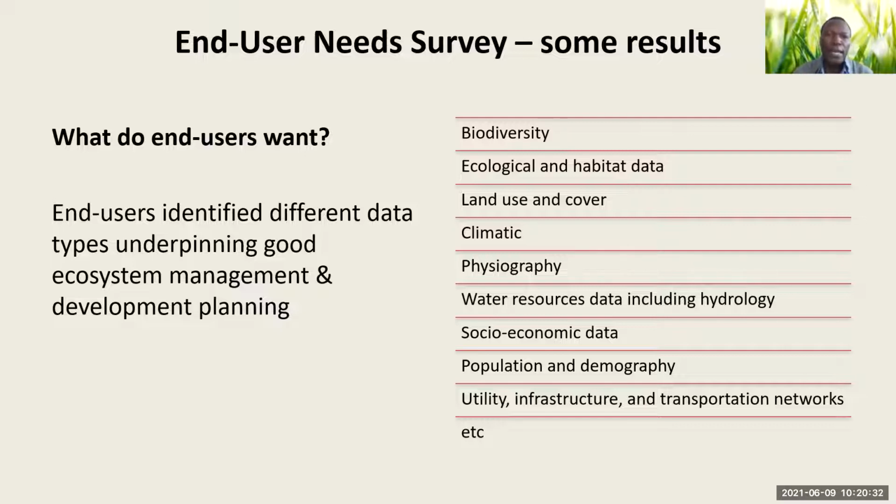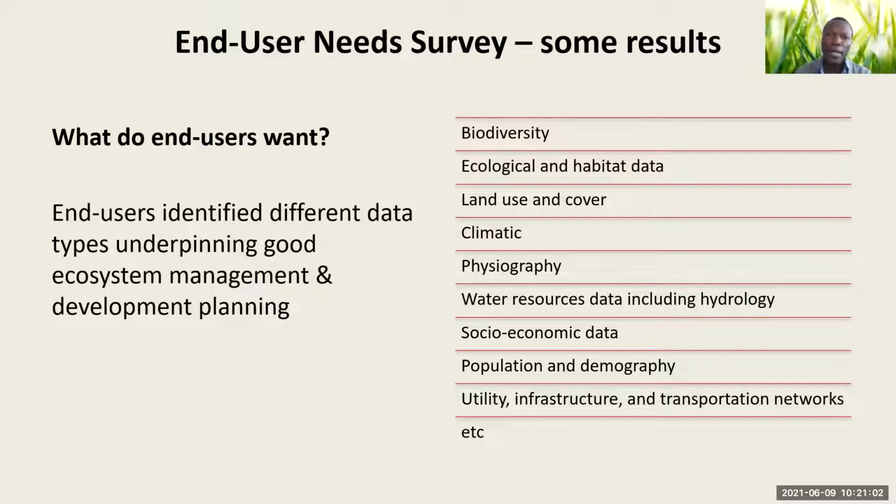They identified different types of data that would underpin good ecosystem management and development planning. They would really love to have biodiversity data, ecological and habitat data, land use and cover data, climate data, physiography data, water resources data, including hydrology, socioeconomic data, population and demography, and many other wishes.